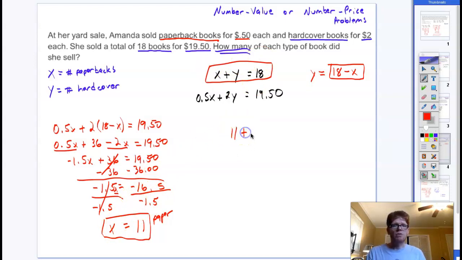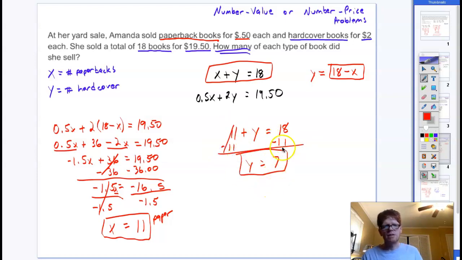I also sold hardback books, and those were y, and then I sold a total of 18. 11 plus what gives me 18? If I wanted to do it the algebra way, I just cancel that out. y is equal to 7. You could probably see that in your head really quickly. So that would be the number of hardcover books. So I had paperbacks 11 and hardcover 7.